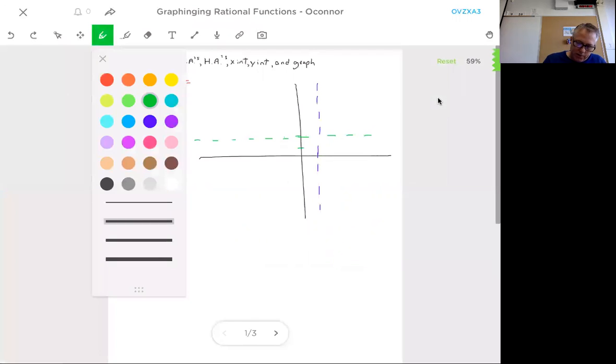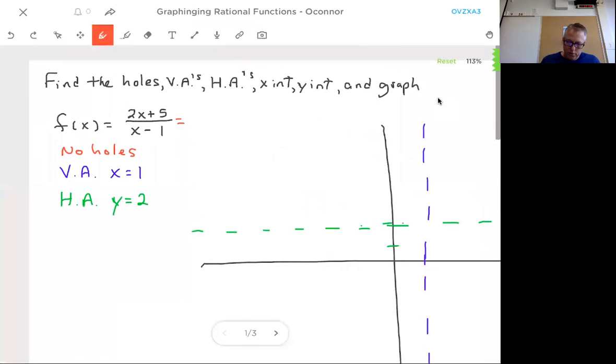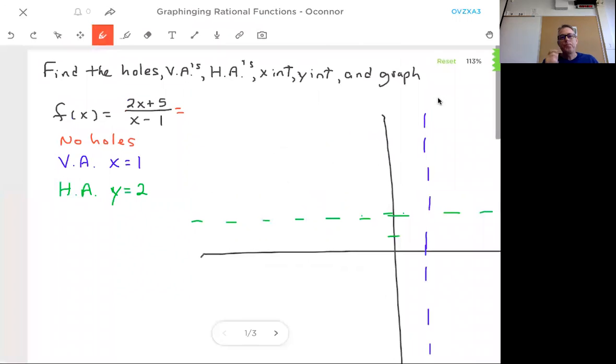All right, now let's find any intercepts. So an x-intercept, you get an x-intercept when the output is equal to 0. So whatever makes the top equal to 0 would make the output equal to 0, because 0 divided by anything, of course, is 0. So that means that if I plug in -5/2 for x, that would make the top equal to 0.